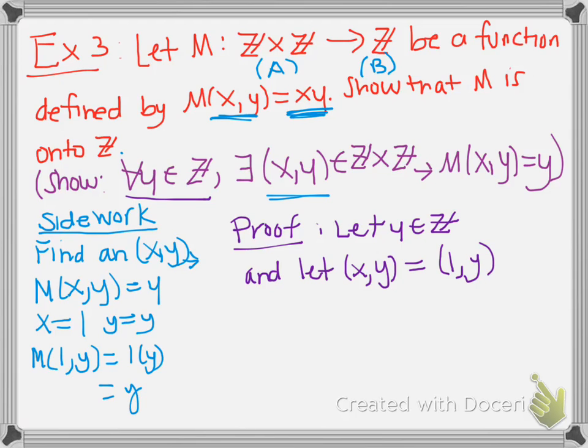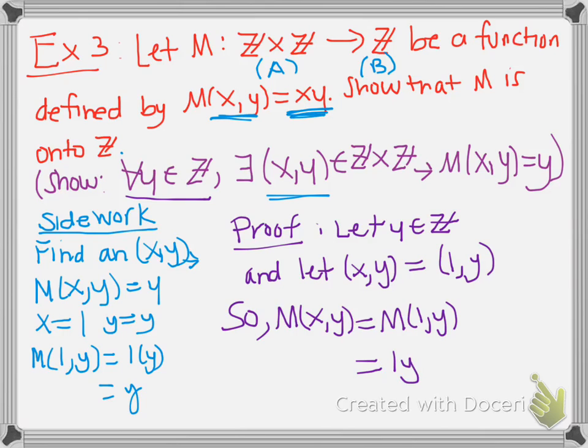So we just brought it out. Now M of XY equals M of 1Y, and that equals 1 times Y, which just equals Y. And so therefore, M is onto Z. And we're done.